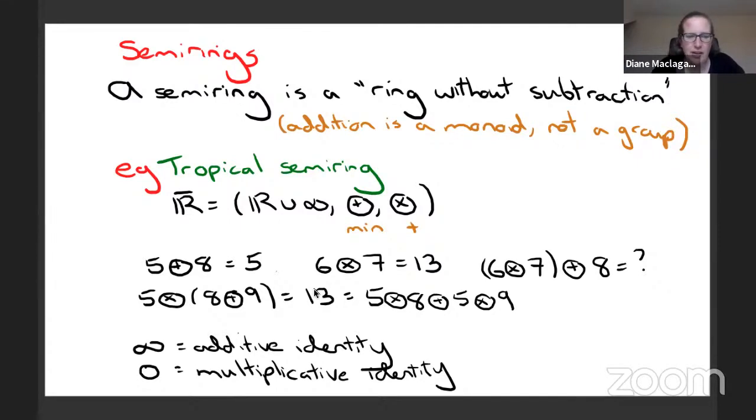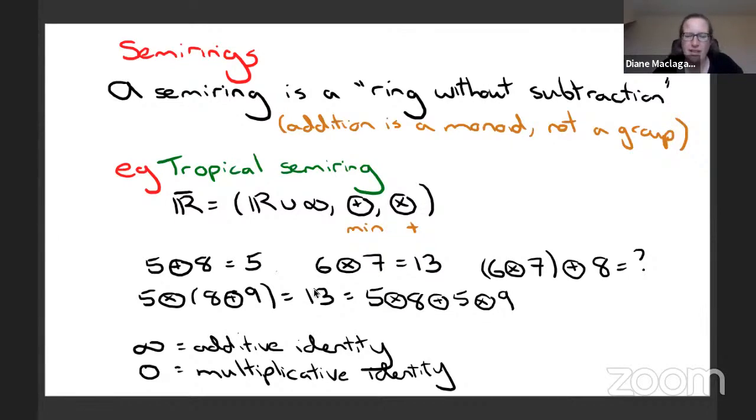Someone's asking, can we have a non-commutative tropical semi-ring? That's a good question. I don't know an example, at least of a semi-ring of this form. I mean, there are non-commutative semi-rings, I guess, but normally in tropical geometry, we focus a lot on these commutative semi-rings, and we even actually like semi-fields.